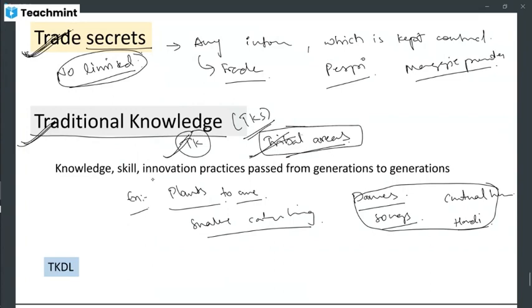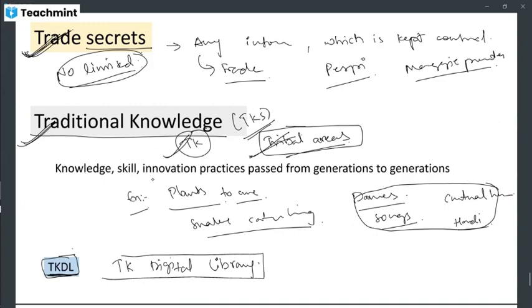And then there is one particular abbreviation, TKDL, okay, which is nothing but Traditional Knowledge Digital Library. So in order to protect the traditional knowledge of our country, as our country has vast traditional knowledges, TKDL has been initiated. That is your Traditional Knowledge Digital Library.